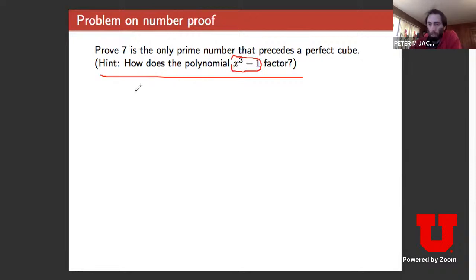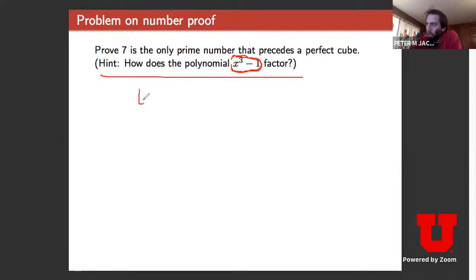So again, to repeat the framework for this problem, we want to show that 7 is the only prime number that precedes a perfect cube. All of the numbers that precede perfect cubes have this form for some integer x. So what we want to show is that if some perfect cube minus 1 is indeed prime, then it must be 7. That would show that 7 is the only number that precedes a perfect cube that is prime. So that's the setup here.